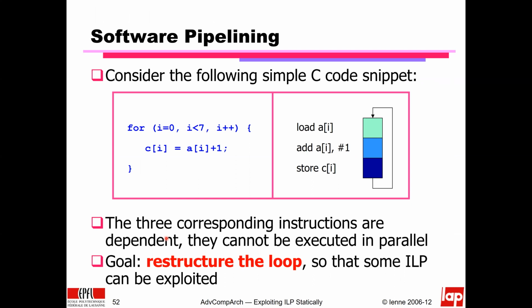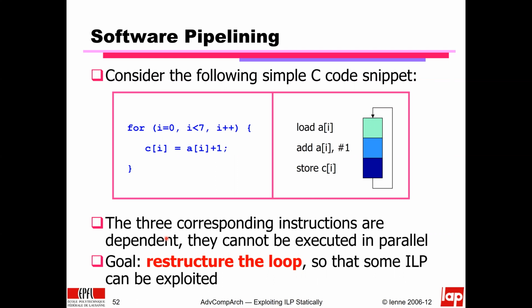So let's take this example, and the example is in fact always a bit the same, right? It's from one vector to another, but it doesn't matter. So I'm reading a vector, I'm adding a constant to all the elements of the vector, and I'm saving the vector. Again, the functionality is not very important. It's just to have something relatively simple with this kind of dependence, right?